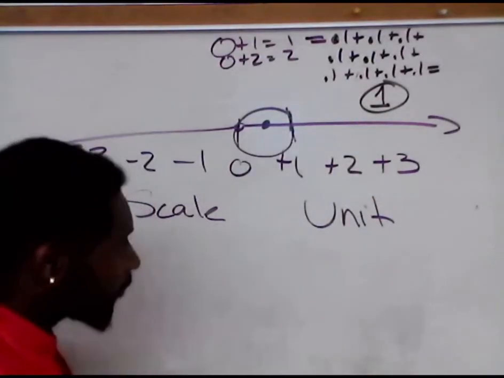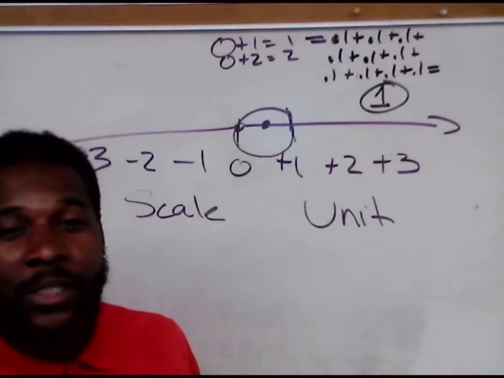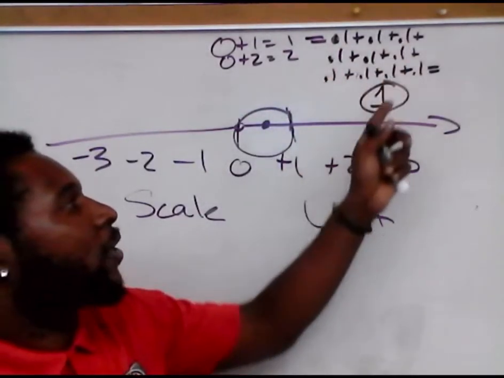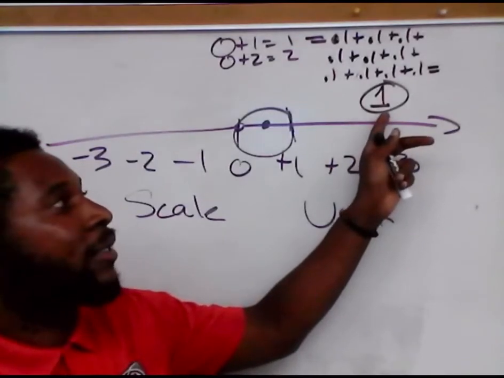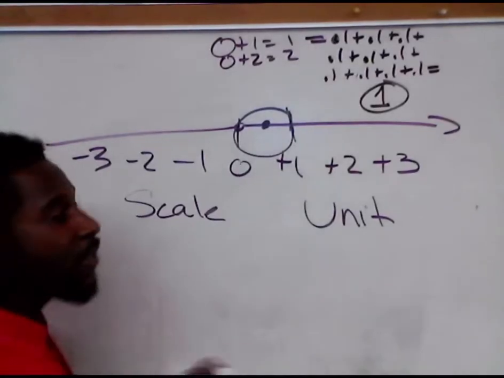So notice I added a bunch of decimal points, or a bunch of little parts, in order to get the unit called 1. And I'm going to do the same thing to get to number 2.